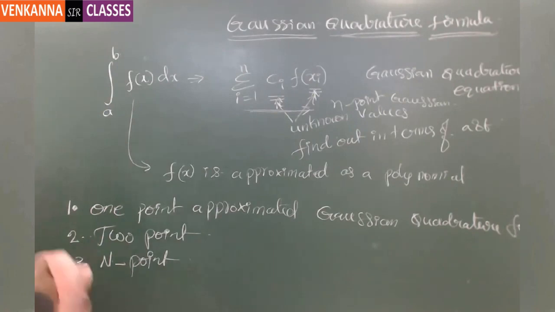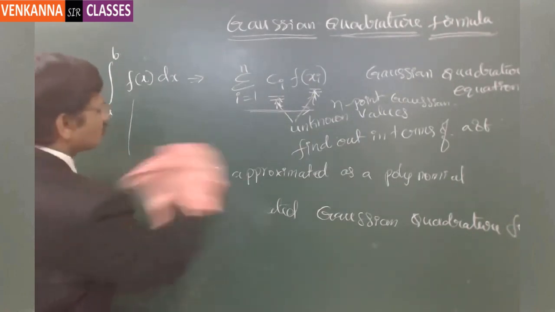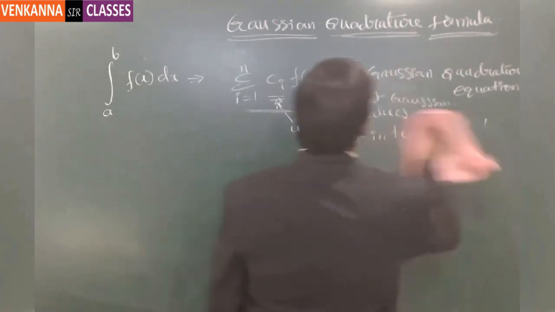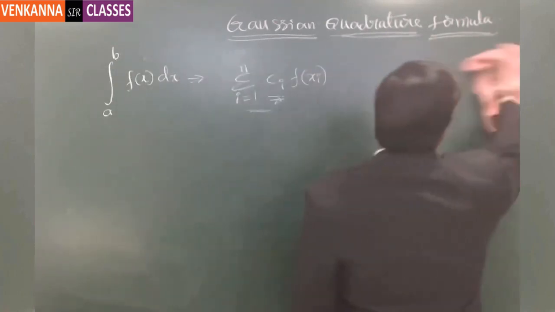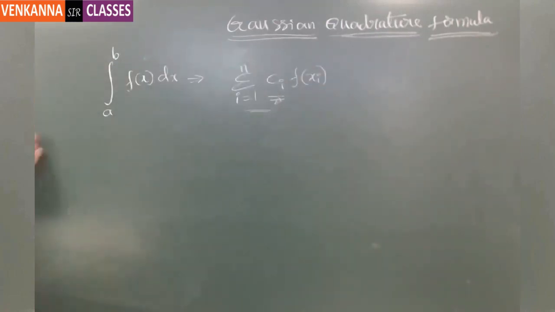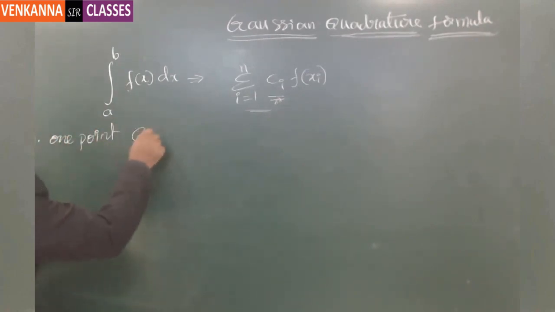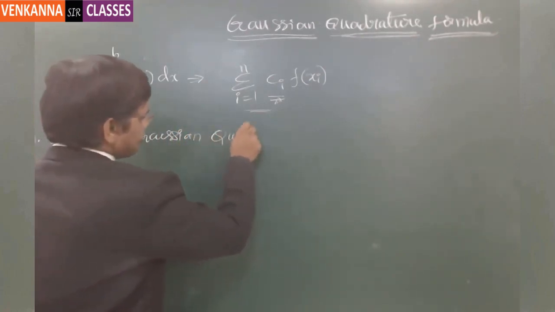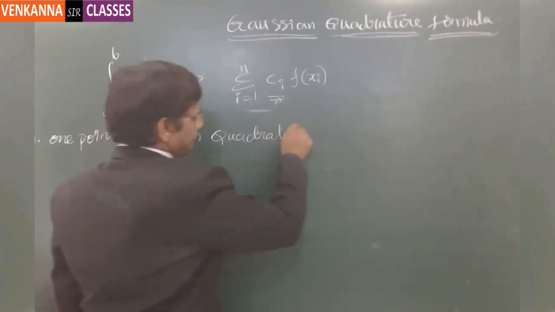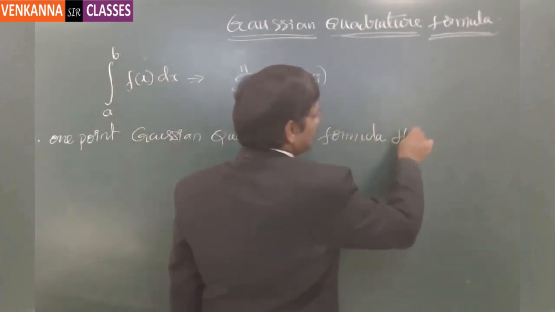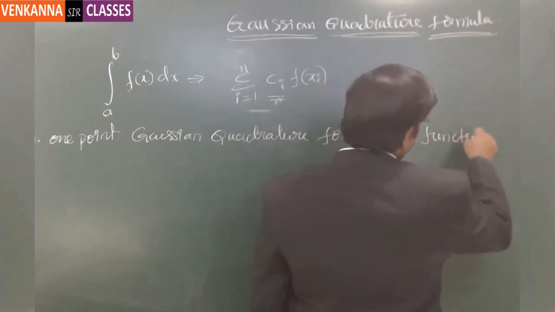In the 1-point Gaussian quadrature formula, we will be approximating this f of x as a straight line, as we have approximated in the case of the trapezoidal rule. The function is approximated as a straight line.